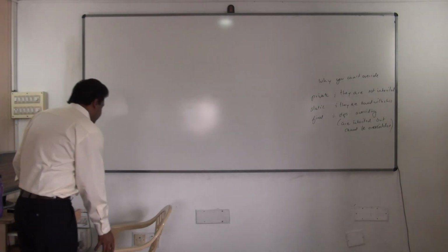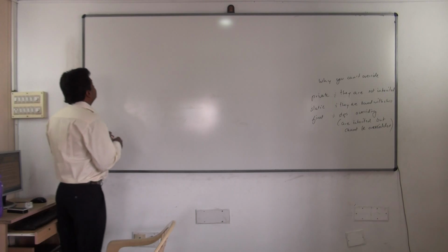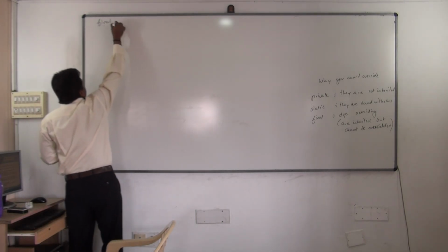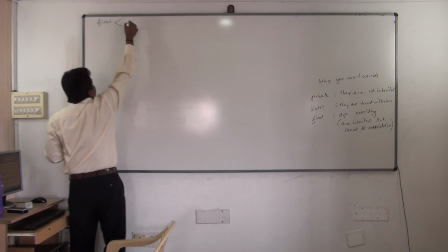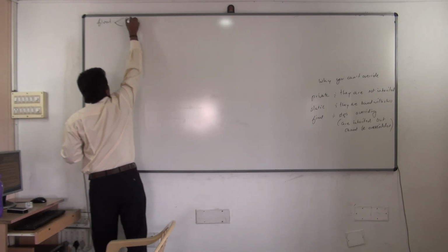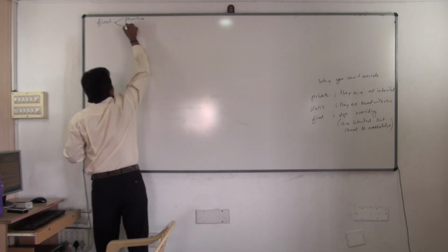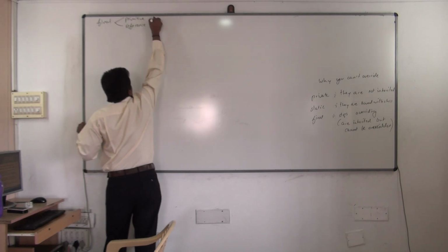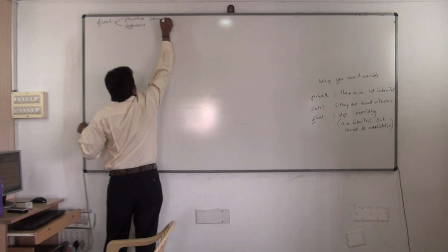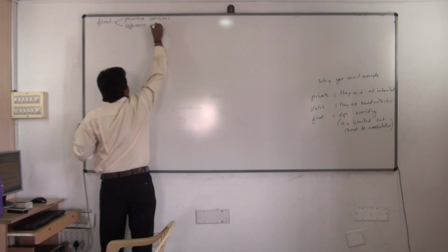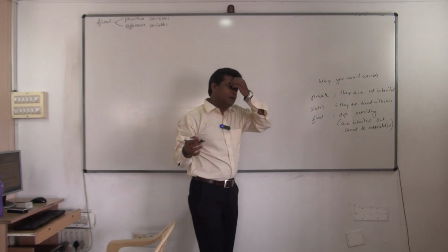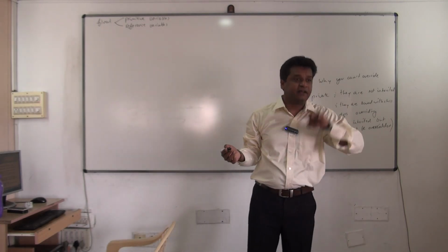So we'll be seeing final with variables now. See, which are the two types of variables? Primitive and reference. These are the two types of variables. Both these variables can be made final. But again, what are the different kinds of variables you can declare?